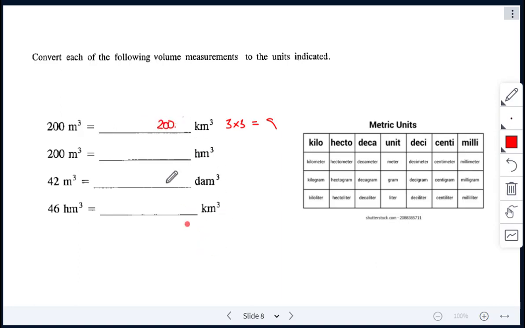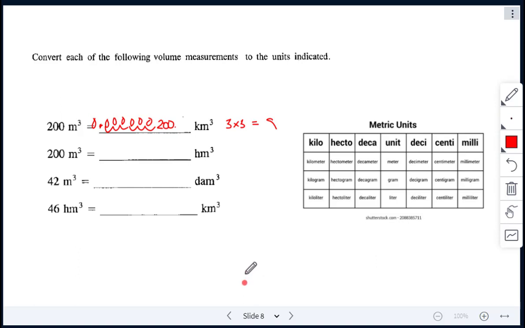We have to move it 9 to the left. So 1, 2, 3, 4, 5, 6, 7, 8, 9. New decimal point is right there. And we fill this in with zeros. I just put a 0 in front of the decimal place as well. Okay, so that's what it looks like in kilometers cubed.